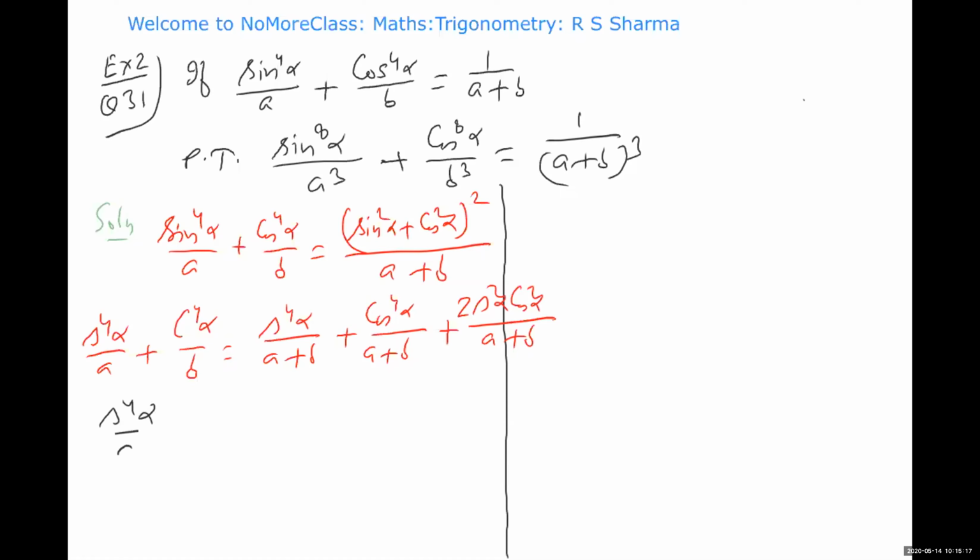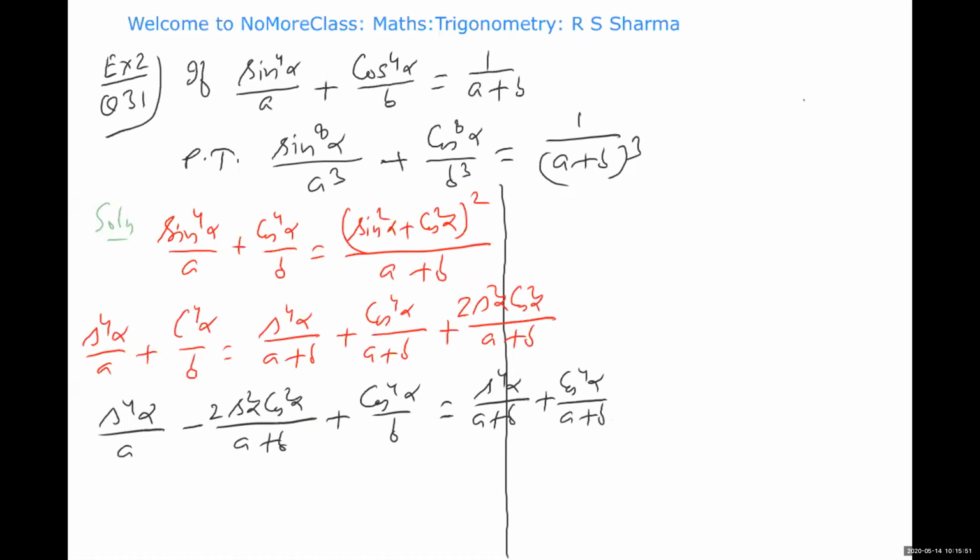Sine 4 alpha upon A plus cos 4 alpha upon B is equal to sine 4 alpha upon A plus B plus cos 4 alpha upon A plus B. Let us write this in this way.